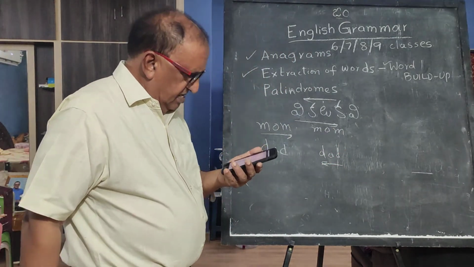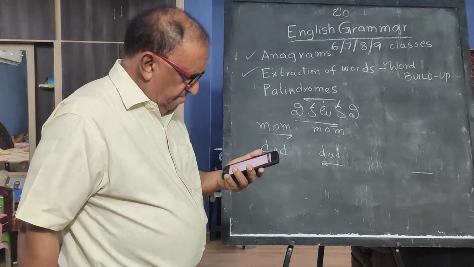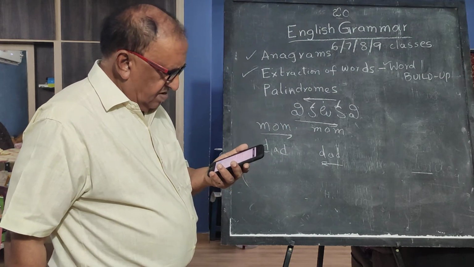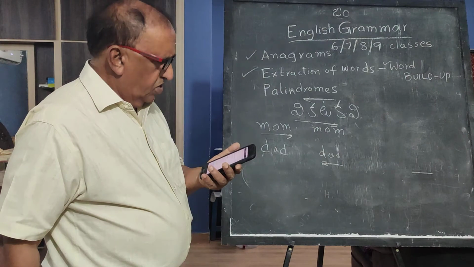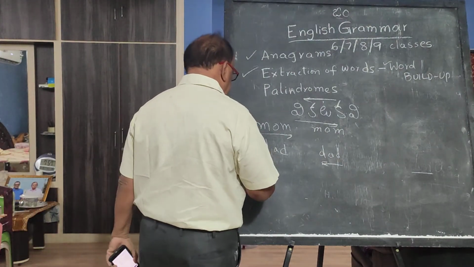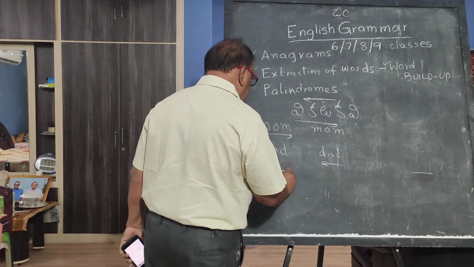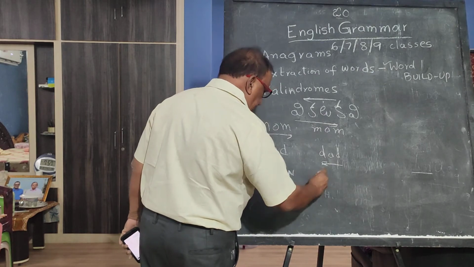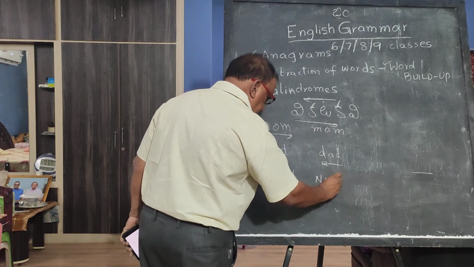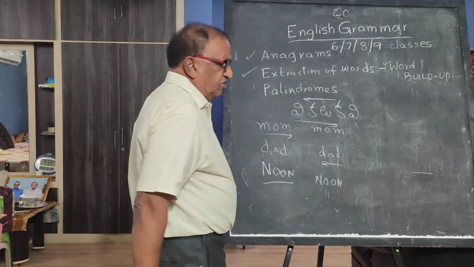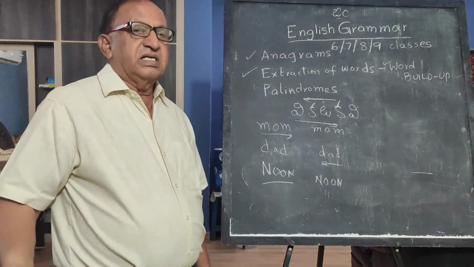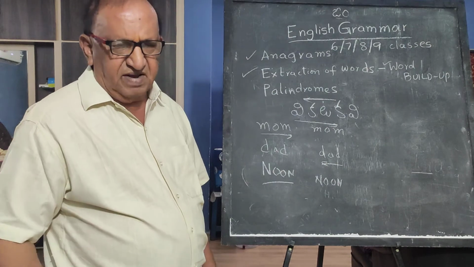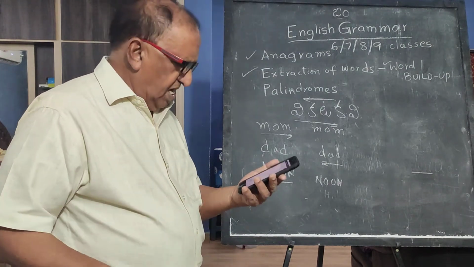I will give you some very interesting examples. Noon, N-O-O-N. Even if you read in the opposite direction, it is still N-O-O-N. So these are the things that will develop your English vocabulary.